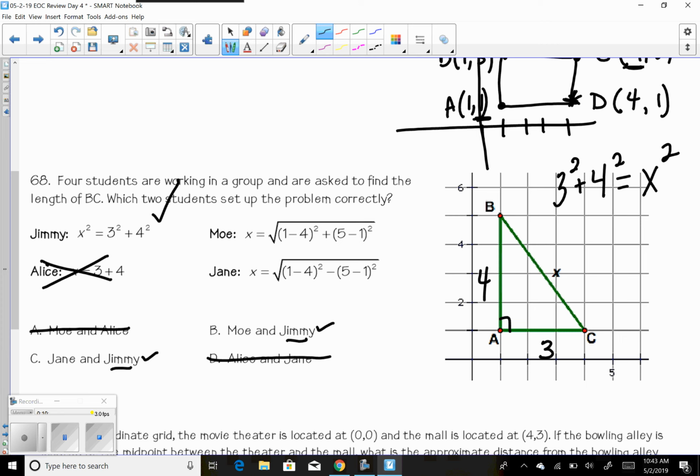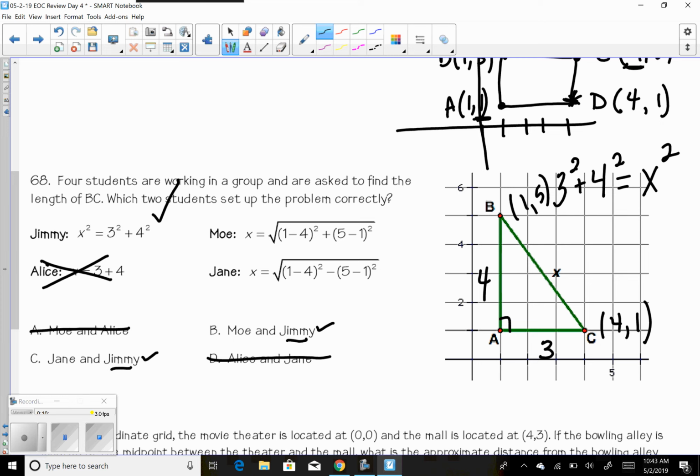Well, that's square root. That looks like distance formula. So let's see. So the distance from C to B. So C is 1, 2, 3, 4, 1. D is 1, 5.